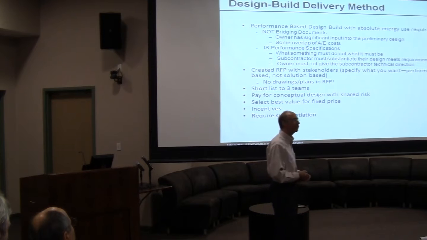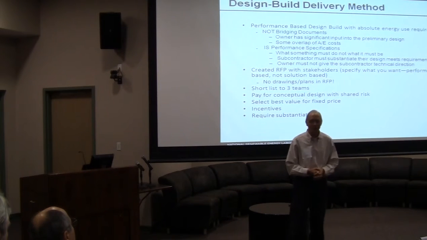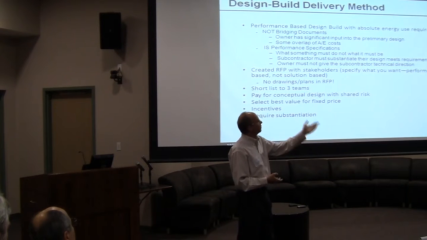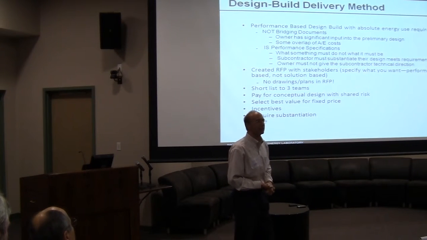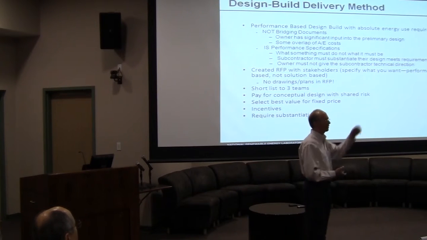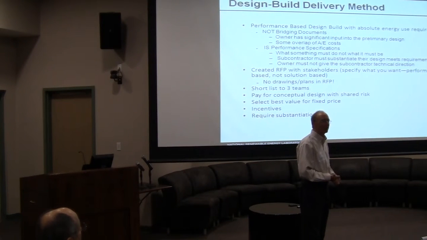Now, what did that do from a quality and substantiation point of view? In one of our old buildings, if the contractor forgot insulation in the wall, we would have to go and say, Mr. Contractor, you forgot to put insulation in this wall. And they were like, yeah, so? Right?